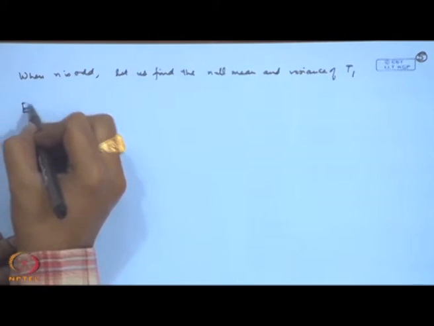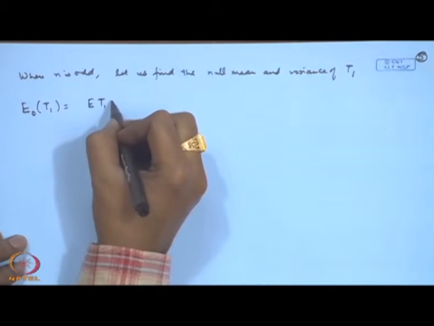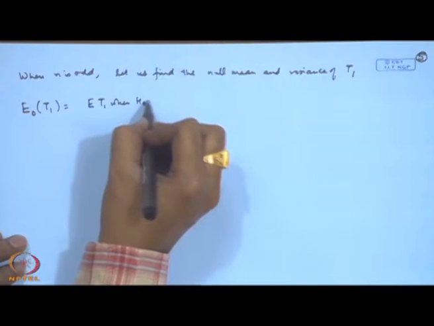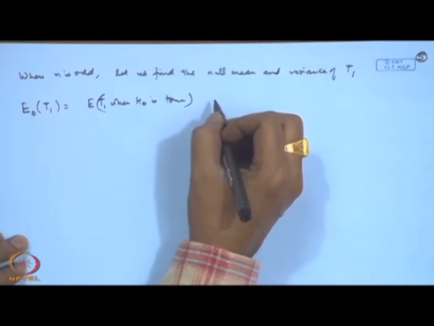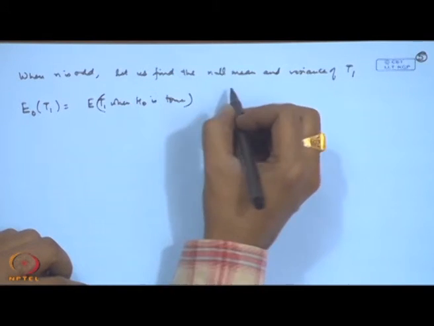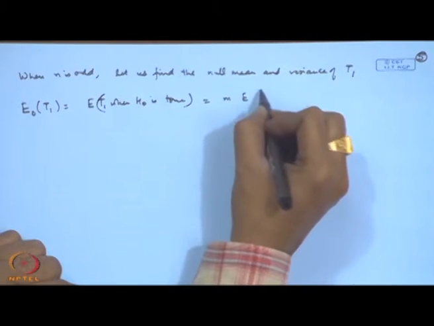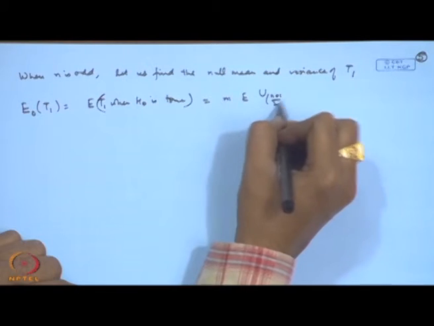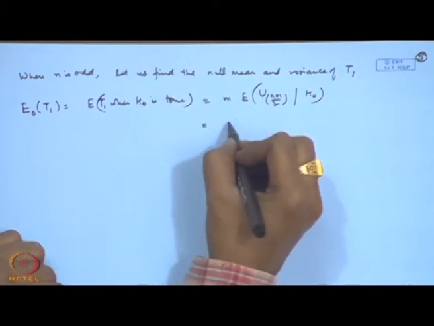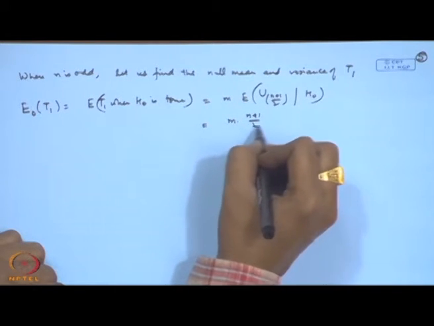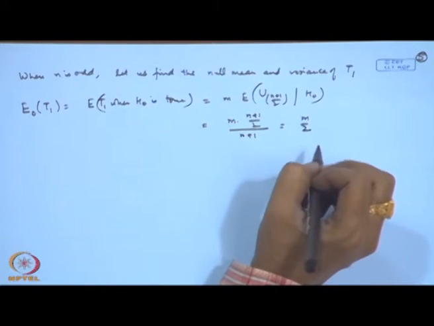So, we consider the expectation of T1 under H naught, that is, the expectation of T1 when H naught is true, that means when F is equal to G. Given H naught, that is equal to m times (n plus 1) by 2 divided by n plus 1, which is equal to m by 2.